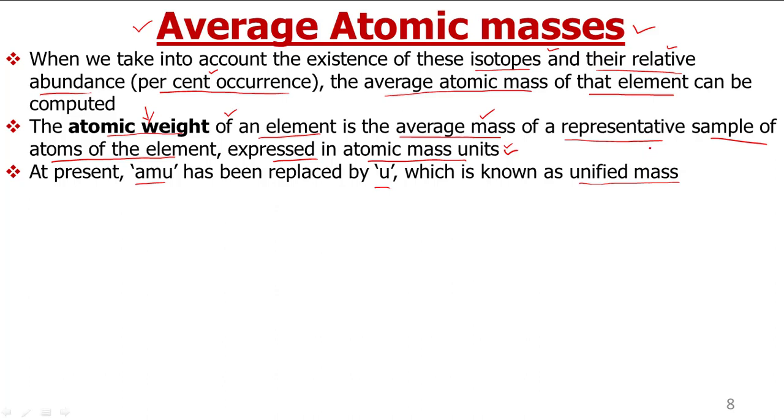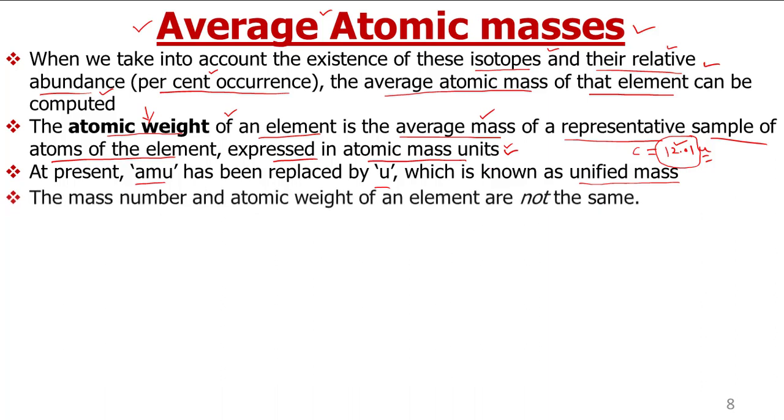Suppose we have carbon, and it is written 12.01 U. That means this weight is the average atomic weight and has been calculated considering the relative abundance of isotopes. How to calculate this average mass we will do in our next slide when we do the numericals.